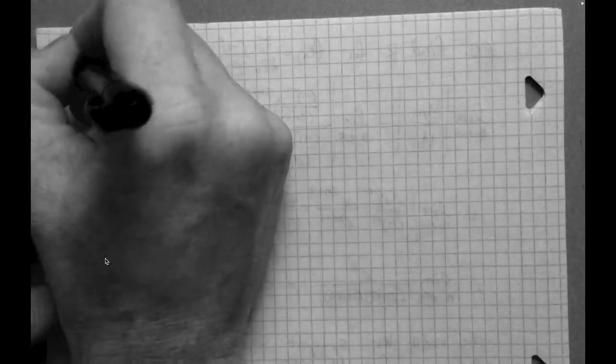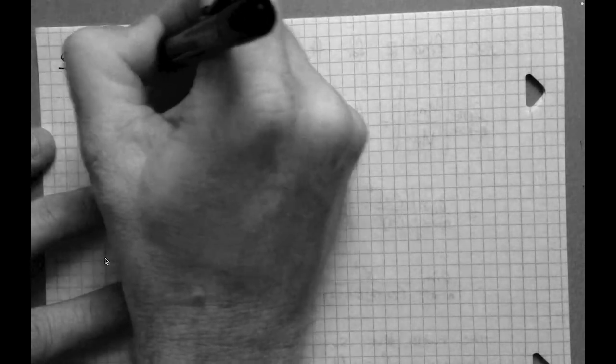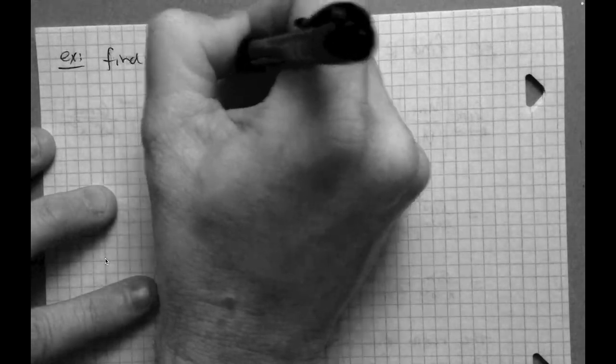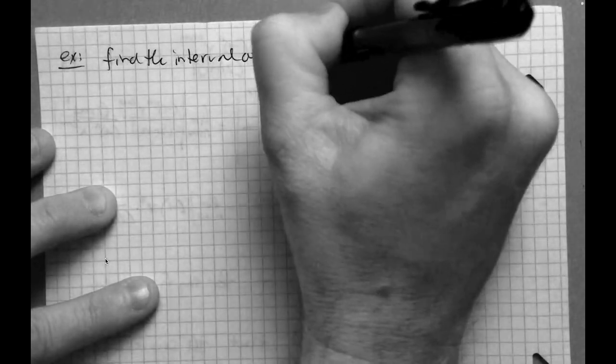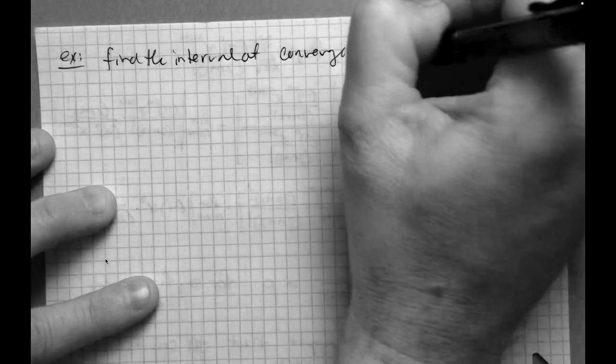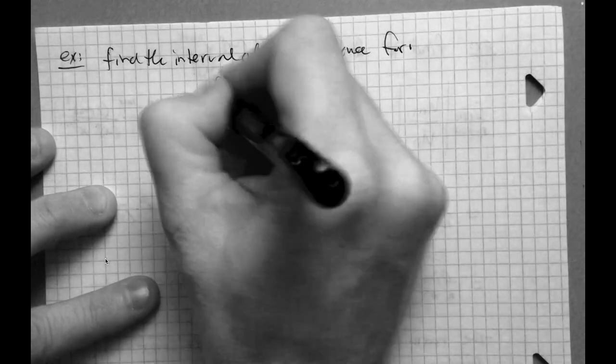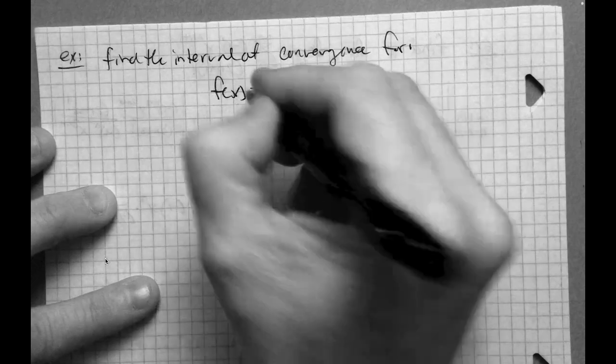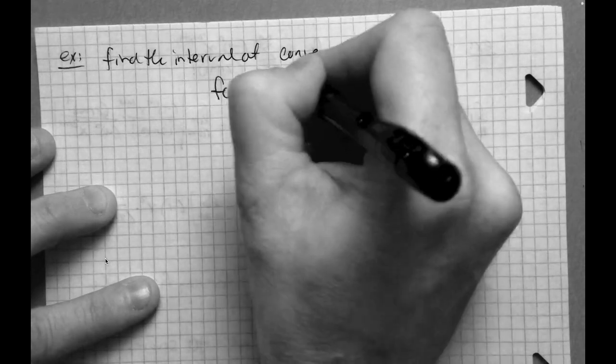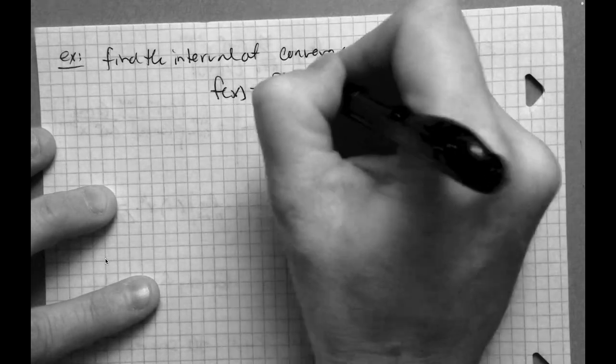Right, and so let's take a look at an example or two and see how we might test some of these endpoints. Here's an example. Find the interval of convergence for f of x equals the sum from n equals 1 to infinity of x to the n over n.